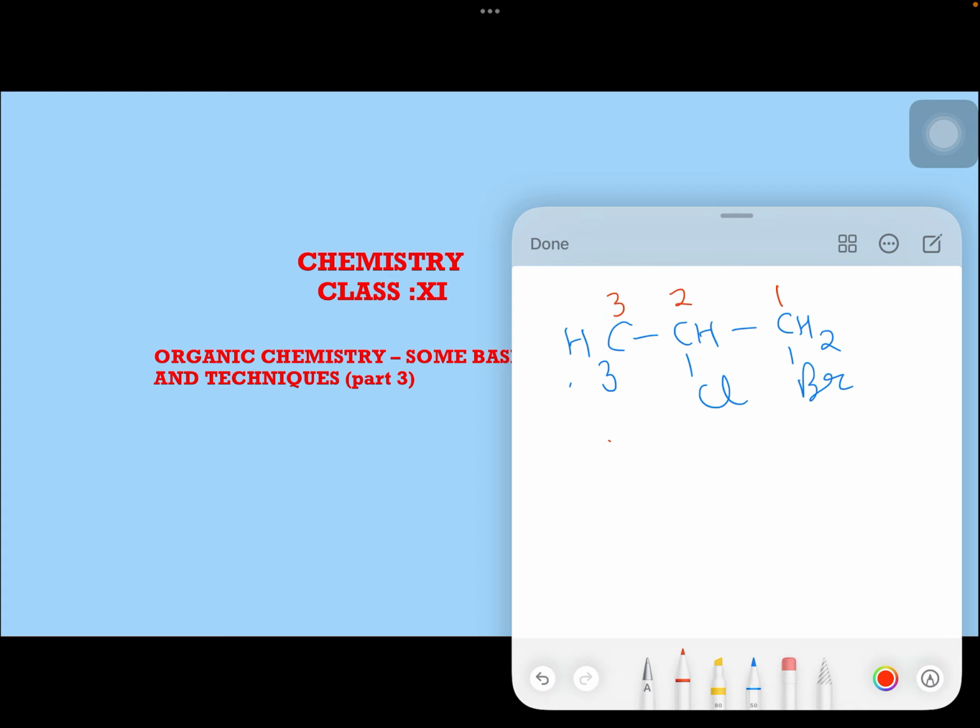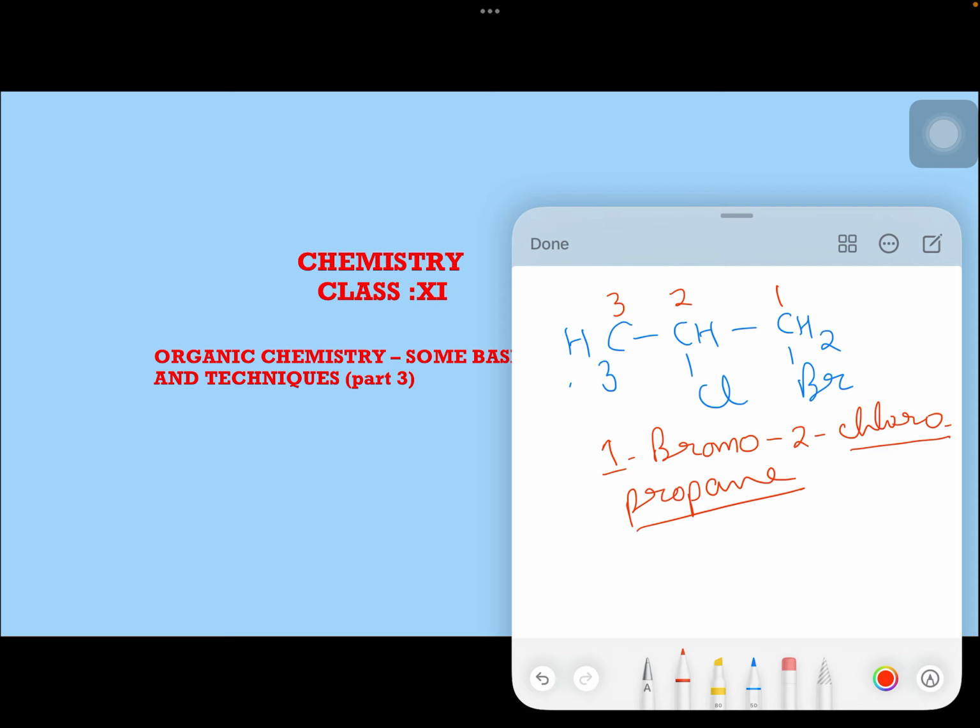And then I'll write alphabetically. So the name becomes 1-bromo-2-chloro, and in continuation with this you have the name of the parent compound, propane. It will be a single word, this together.